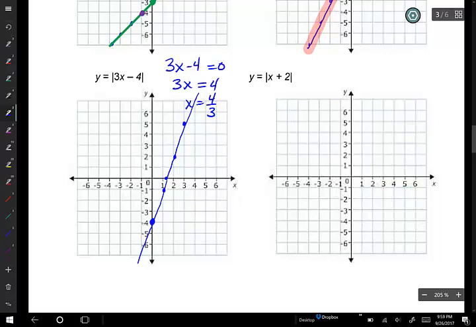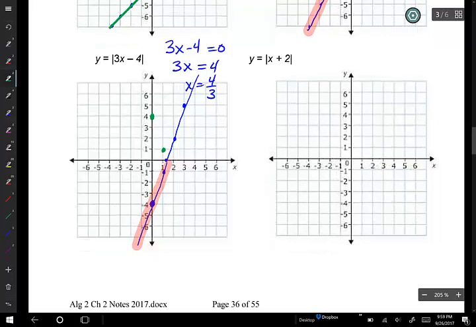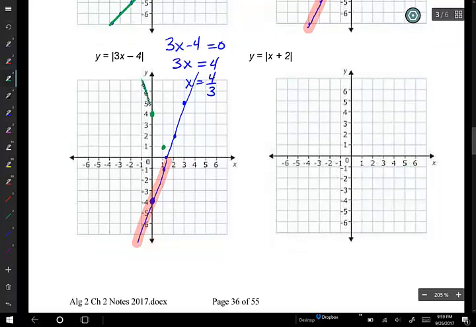Now this value of 3x minus 4, it's going to be crucial to understand once again that the values that are below the x-axis, the values that are down here, are all going to flip over the x-axis up to positive. So this negative 1 becomes positive 1, this negative 4 becomes positive 4, and so on and so forth. And so that's going to give us a green line that's flipped right there.